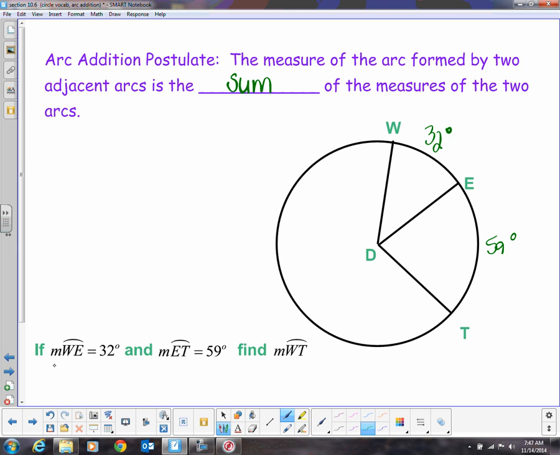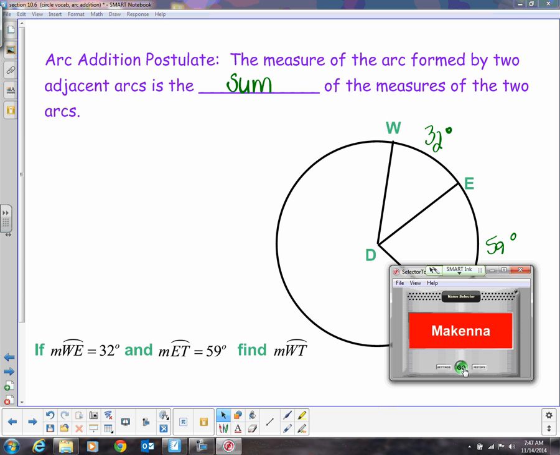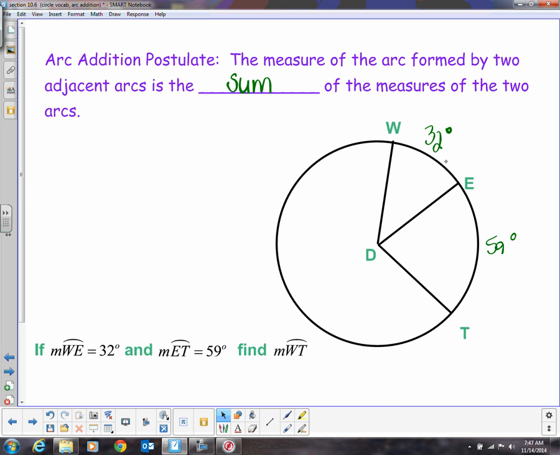Notice the little m for measure of W. If this arc is 32 and this arc is 59, we want to know the measure of the arc from here all the way over to there.